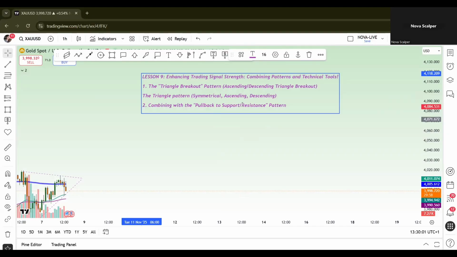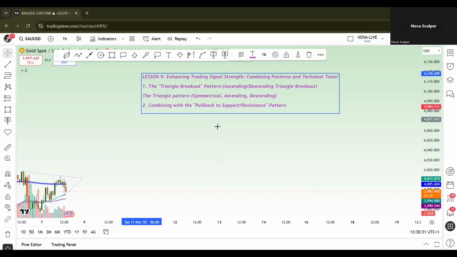Combining the candlestick pattern with the pullback to support and resistance pattern. Supplementary signal: after price breaks through a significant level, such as the triangle's resistance line, there is often a pullback, like I just shared with you, to retest this level that was just broken.